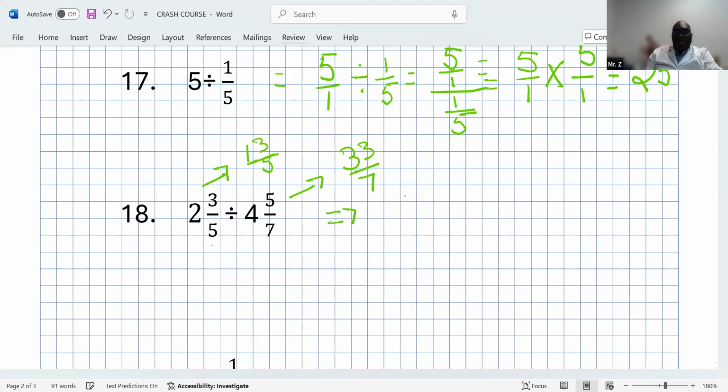So now we have a case of a fraction divided by another fraction. So you're going to have the first fraction, keep it the same, multiply by the second fraction, but you have to flip it. So when I flip the second fraction, I'm going to have 7/33.